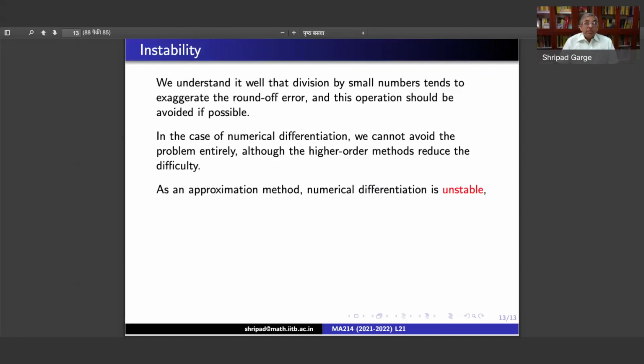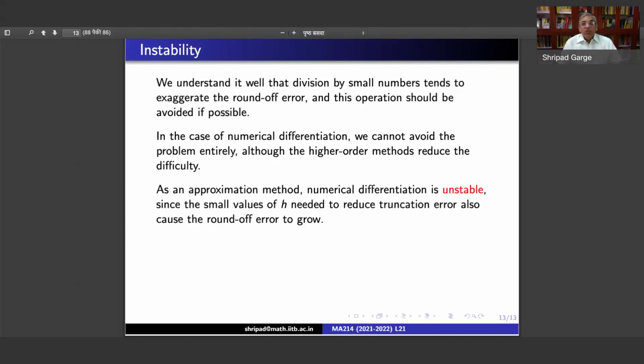So as an approximation method, numerical differentiation is an unstable method. There are numerical methods which are stable, and then there are numerical methods which are unstable. What it means to say is that small values of h are needed to reduce the truncation errors, but these small values will also cause the round off error to grow.